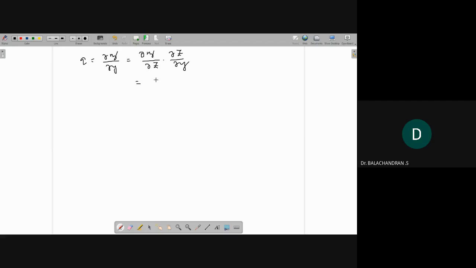Please check it. Dou capital Z by dou small y is capital Q. So from this we have small z into small q equal to capital Q divided by 2.